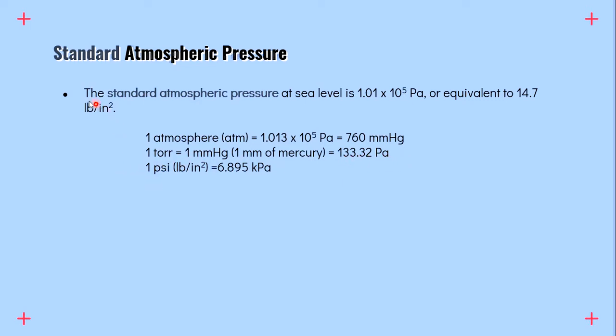And 1 psi, you can see this unit in automotives or in bicycles. 1 psi, the English unit for pressure, is equal to 6.895 kilopascals. psi is short for pounds per square inch.